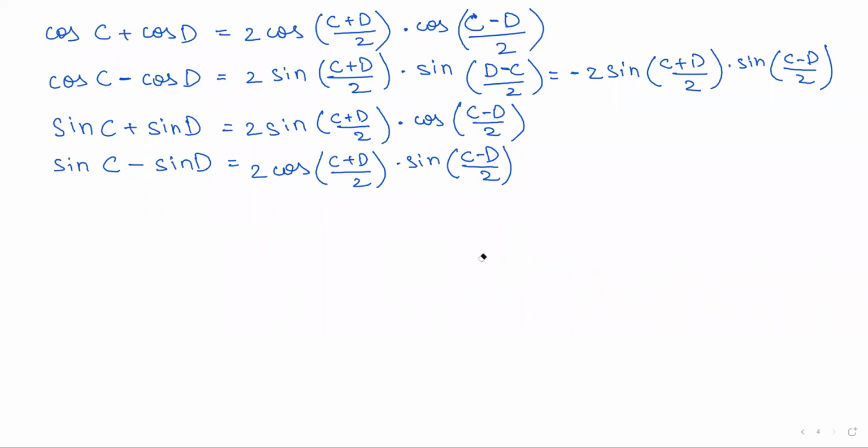For sin values, if you have sin C plus sin D or sin C minus sin D, your right hand side will be sine of something into cos of something, or cos of something into sine of something. The sine comes first, with (C plus D) upon 2, the average angle, when you have the addition of two sines. If you have subtraction of two sines, then the cos term takes up the average and the sine term takes (C minus D) upon 2.